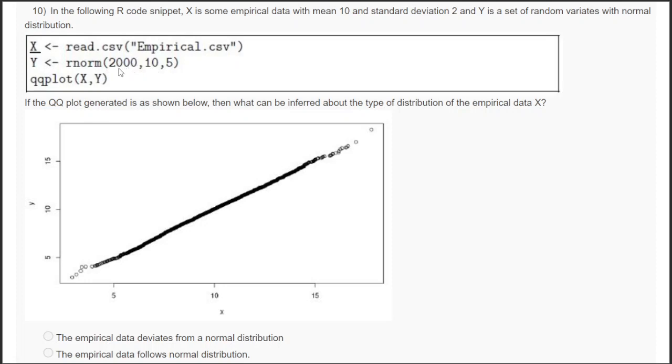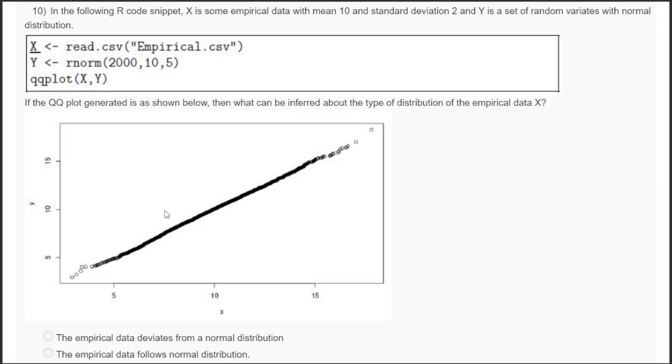The first argument represents the number of values, so 2000 values we are generating at a mean of 10 and a standard deviation of 5. When we compare these two using a QQ plot, we can see a linear curve. Both fall in a linear fashion.